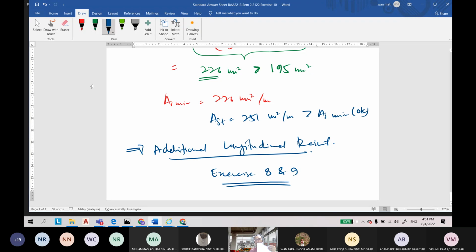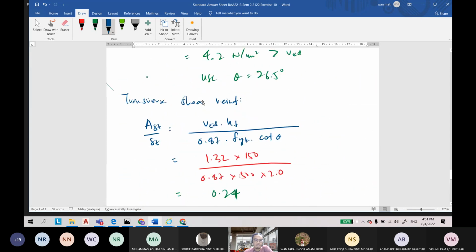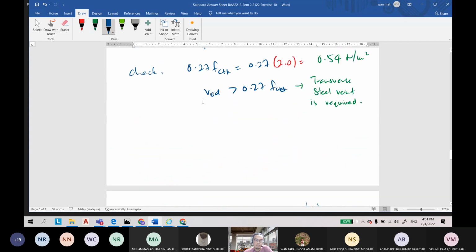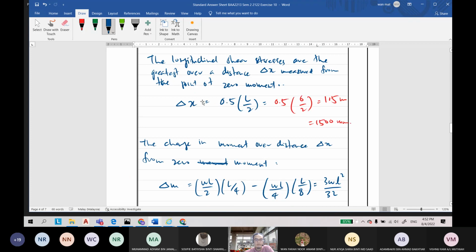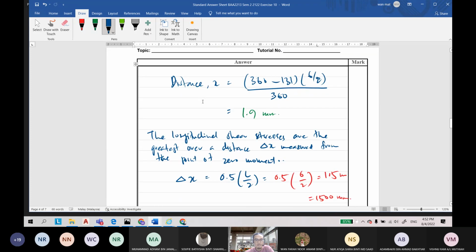Okay, this is the situation if you consider the flange for shear reinforcement, where you have to consider the longitudinal shear stress inside the flange.